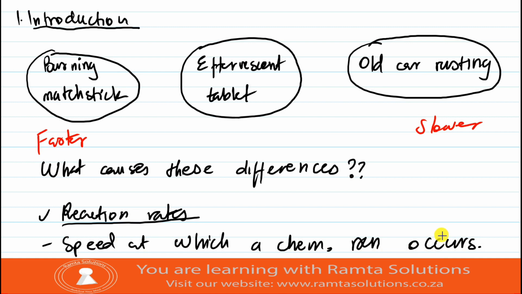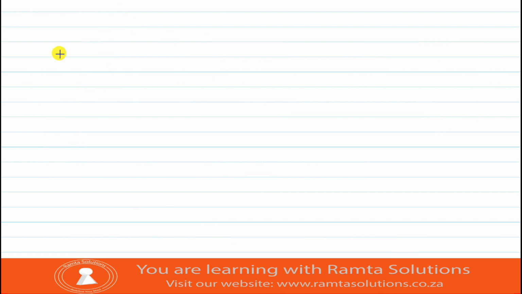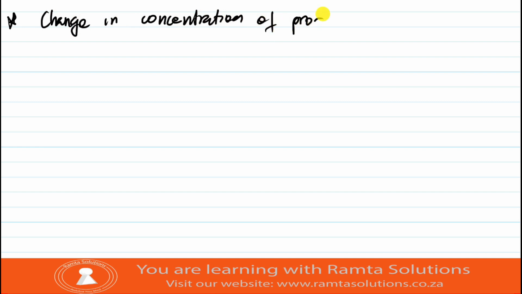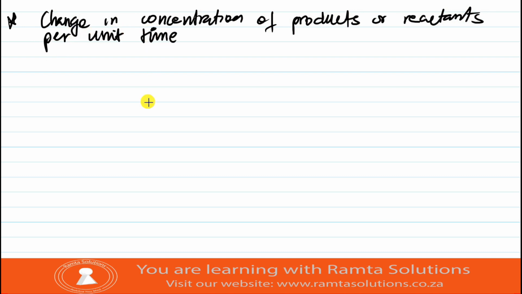However, for your definition in grade 12, you will have to understand that when we talk reaction rate, we will say it is the change in concentration of product or reactant per unit time.